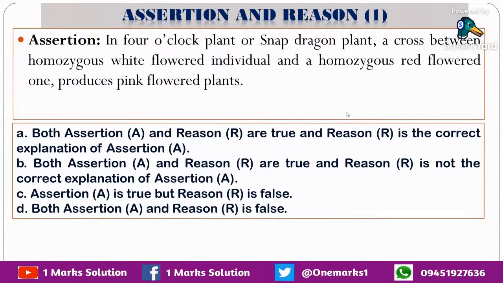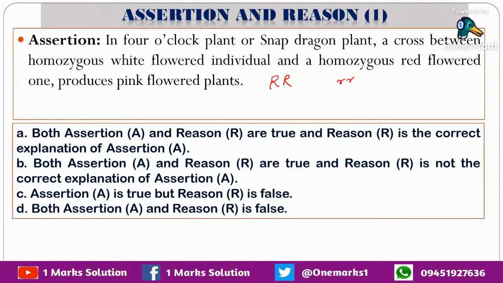Here comes the first question and its assertion statement. In 4 o'clock plant or snapdragon plant, a cross between homozygous white flower individual and a homozygous red flower individual produces pink flowers. So it is white flower and red flower. Usually immediately we'll see capital R, capital R, smaller r, smaller r.